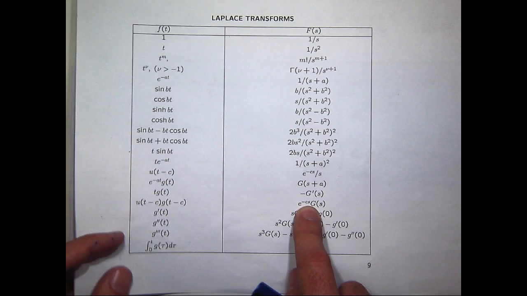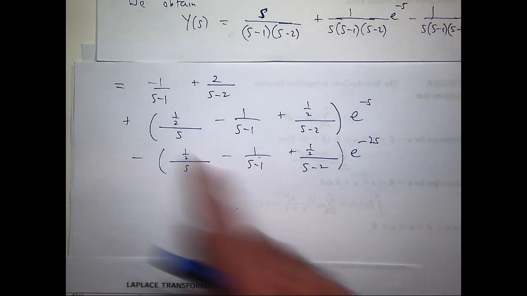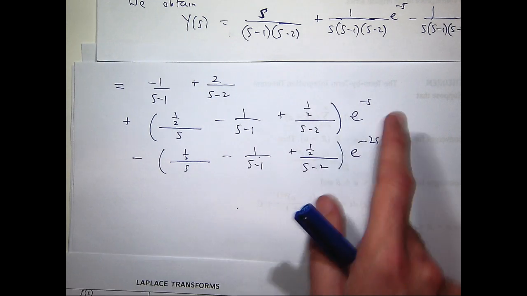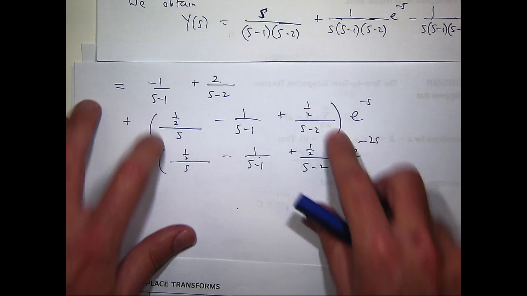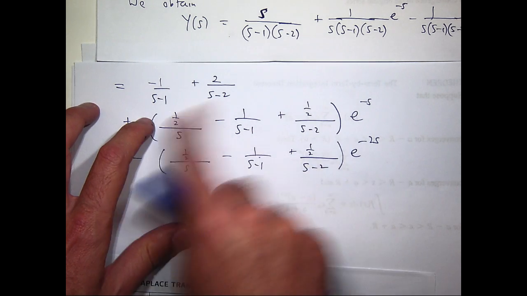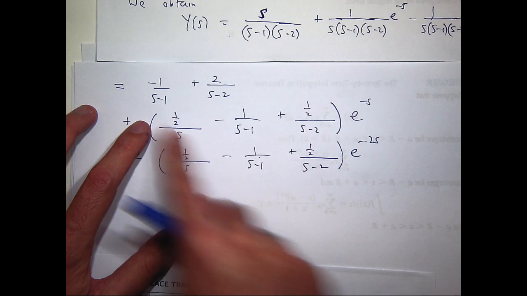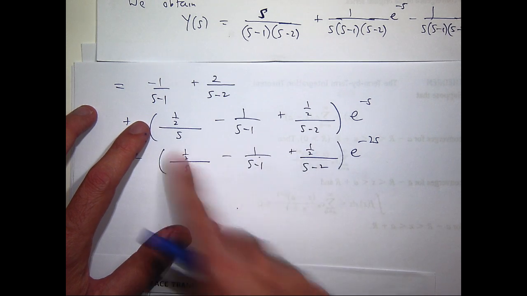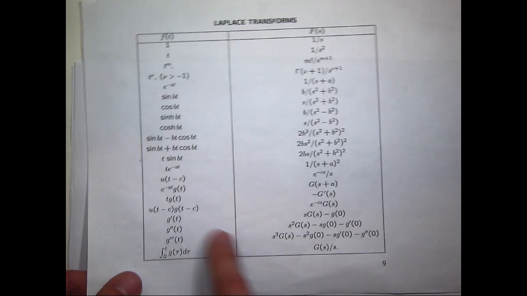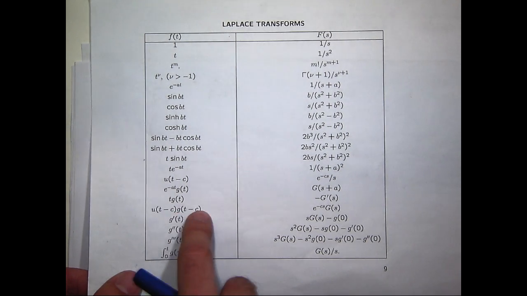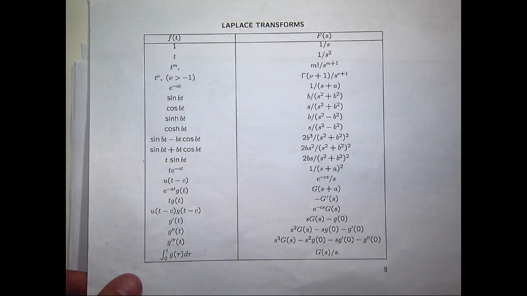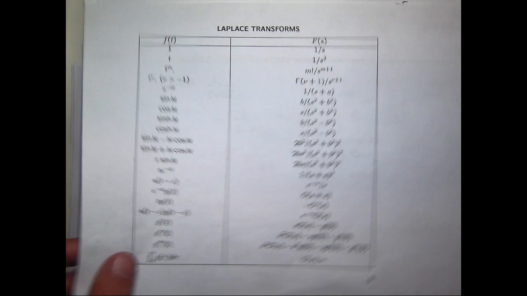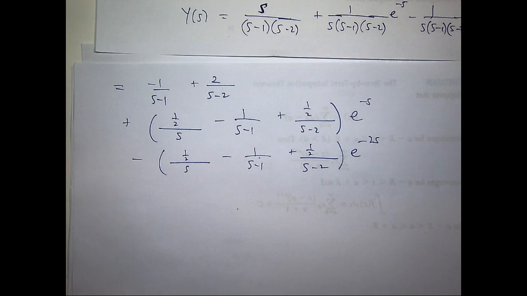To calculate the inverse transforms of these last two big terms, what's driving it are the things in brackets, this function, this function. Take the inverse transform of this function, equivalently this function, to get g of t, shift it, and then multiply through by a Heaviside step function. It's the second shifting theorem.